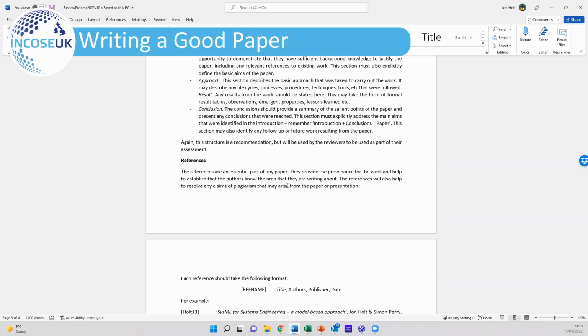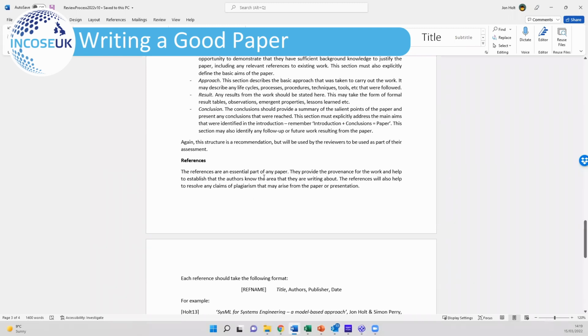Over the last few years, we've had a couple of times when people have written papers with the best will in the world, but it's actually been something that's been published before, whether people have realized it or not. And so it's important that we do have references in there so that we can actually check the provenance of the paper. So, the references are actually very important.